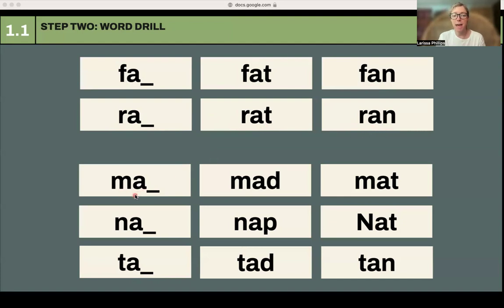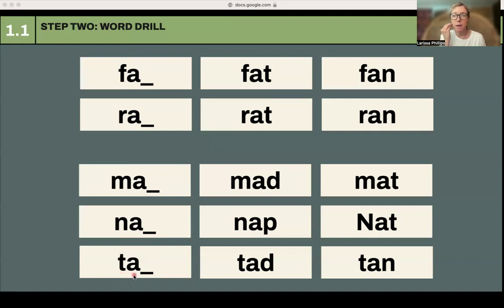Ma, mad, mad. Mat, mat. Na, nap, nap. Nat, nat. And it's a capital letter, so that means it's a name, the name Nat.